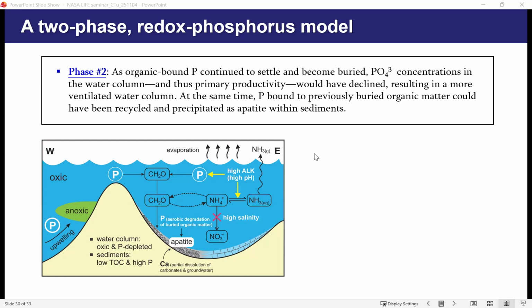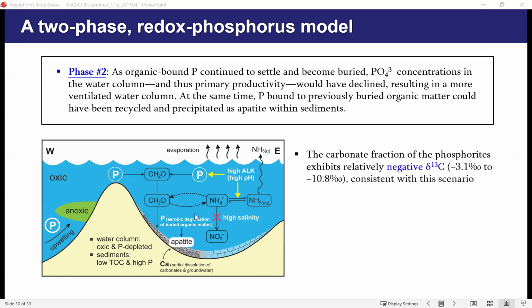At the same time, phosphorus bound to previously buried organic matter could have been recycled and precipitated as apatite within sediments. Interestingly, the carbonate fraction of the phosphorites exhibits relatively negative δ13C, consistent with this scenario.